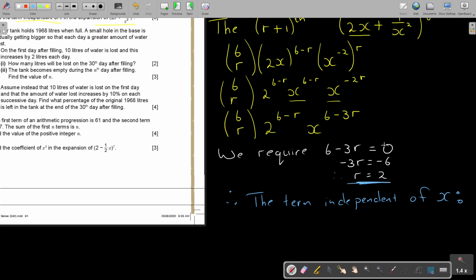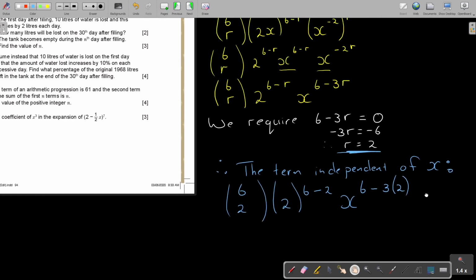Then it will be that we get 6 choose 2. In the place of r, I just substitute 2. So it's 2 to the power 6 minus 2, and then x to the power 6 minus 3 times 2.